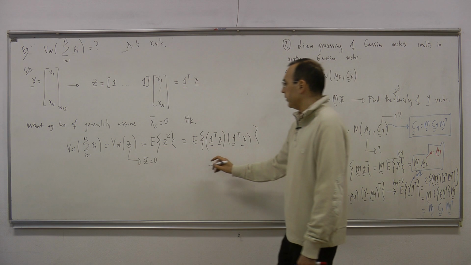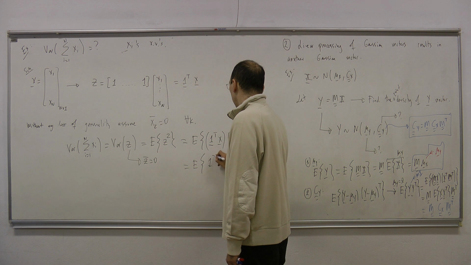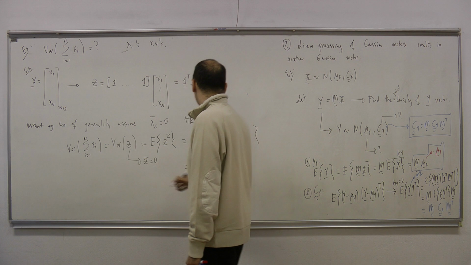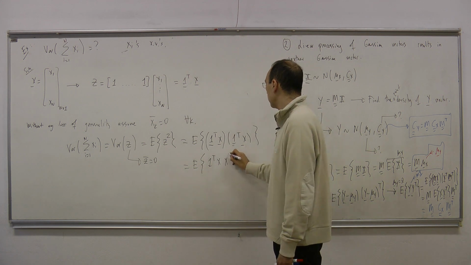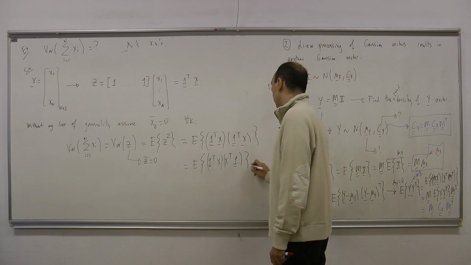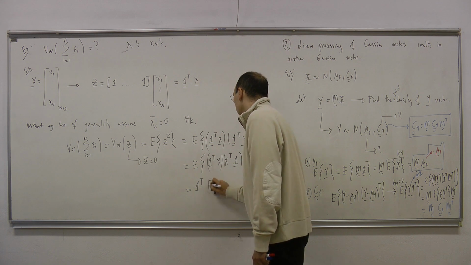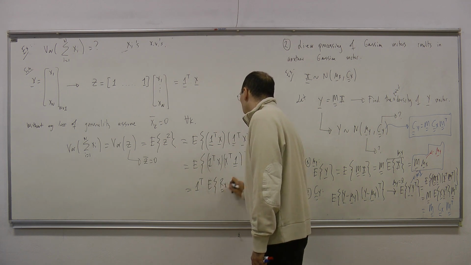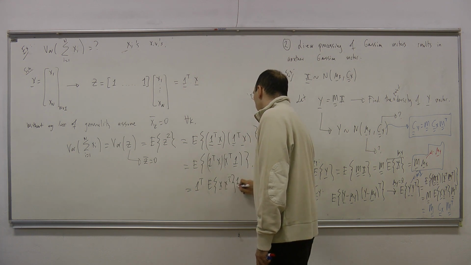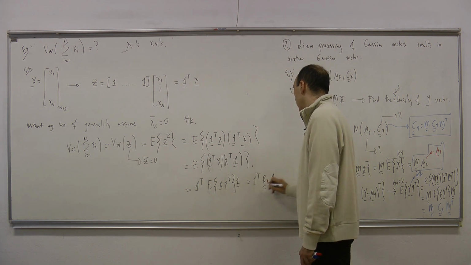Let me take the transpose of one of the factors, because it's just a scalar. Then I get 1 transpose, expected value of x x transpose, times 1, which is equal to 1 transpose Rx 1.